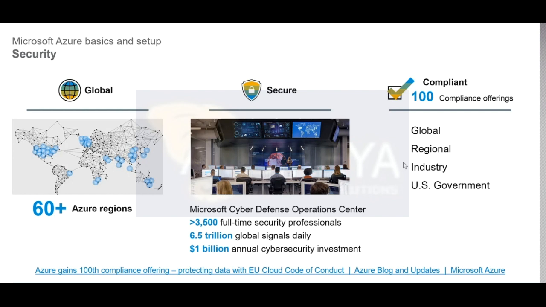Just recently, as we're recording this video, we added our 100th compliance offering for Azure. So you can really see that compliance is a core priority for Microsoft, and we really want to help our customers, no matter which industry they're in, to run their workload on Azure.